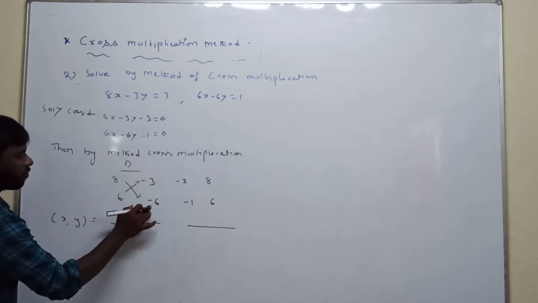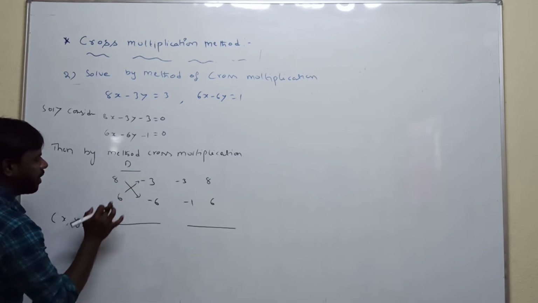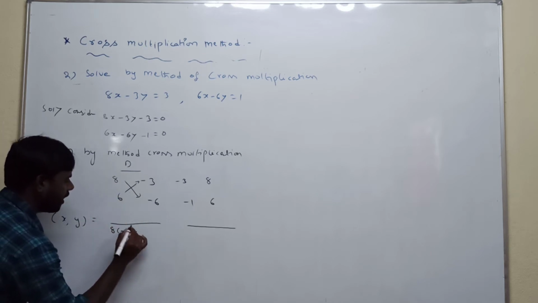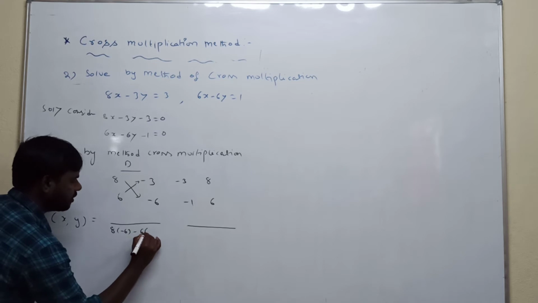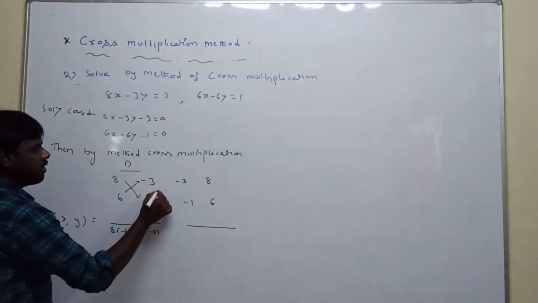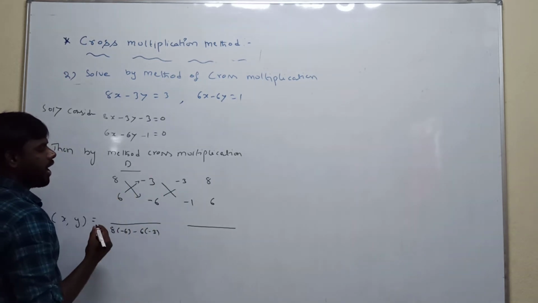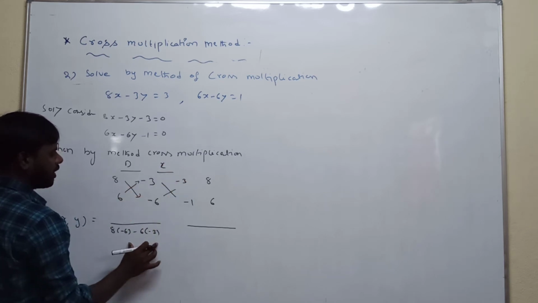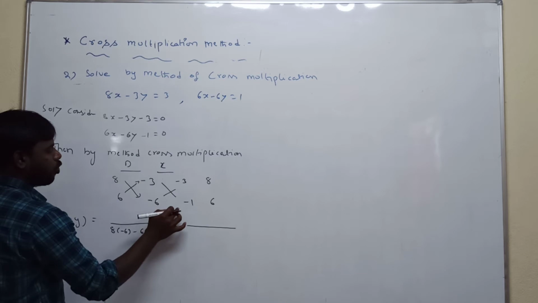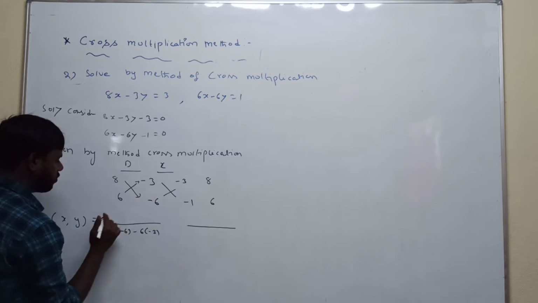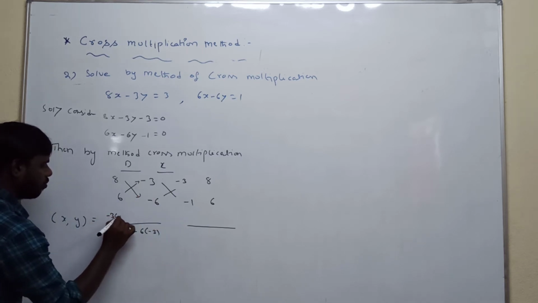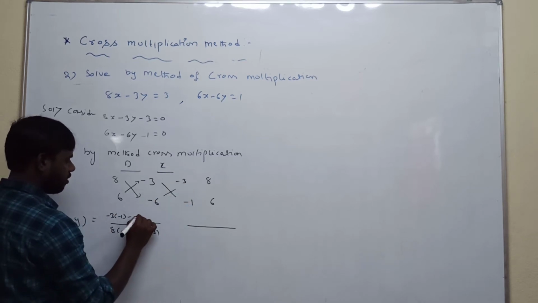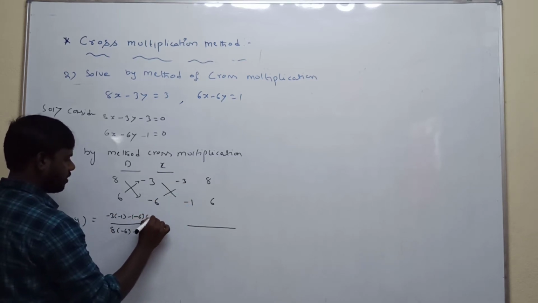Now cross multiplication, right, in the x and y denominator: 8 into minus 6, minus 6 into minus 3, 6 into minus 3. This one you write as x numerator. This one you write in the x denominator. Minus 3 into minus 1, after that minus 6 into minus 3.